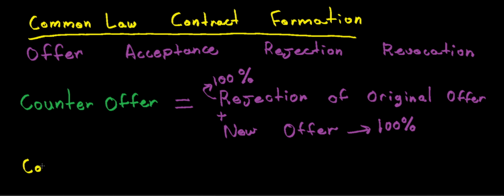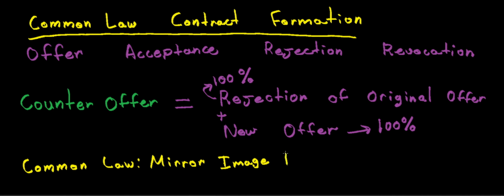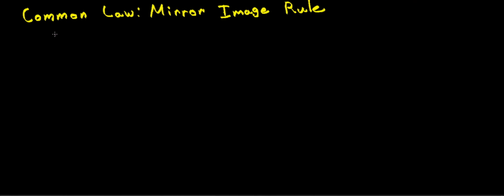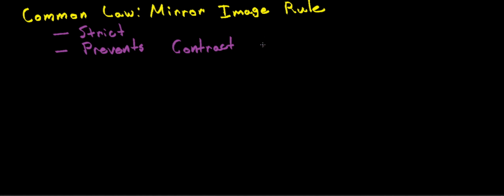So, at common law, we have this mirror image rule. And you'll note that this mirror image rule is strict, and it prevents contract formation.